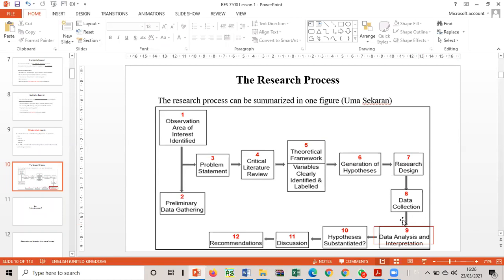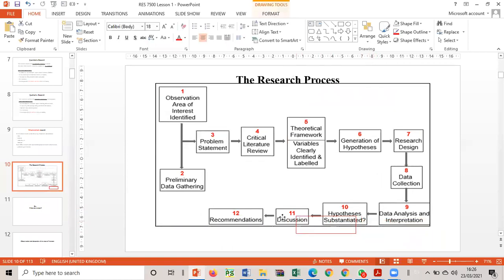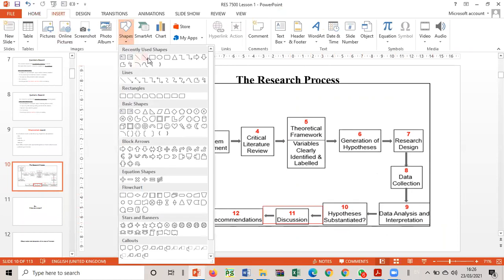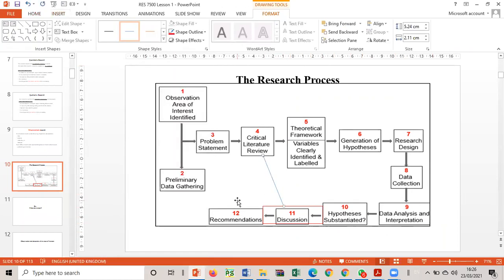After that, writing your discussion, right? That may take a while because you must compare what you got with your literature. You must form triangulation between this and this.